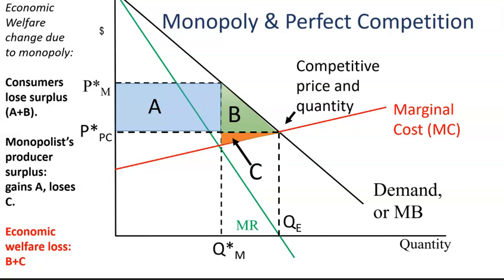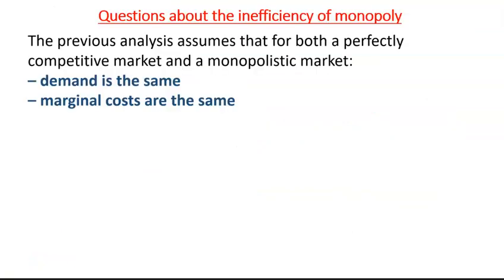Well, I just want to spend a moment dumping a little cold water onto this. The analysis that's in the textbook is standard. It's in all textbooks, and it makes these assumptions. It's really assuming that we can compare the competitive market and the monopolistic market by assuming that demand is unaffected by whether the market is monopolistic or not, and it's also assuming that marginal costs aren't affected.